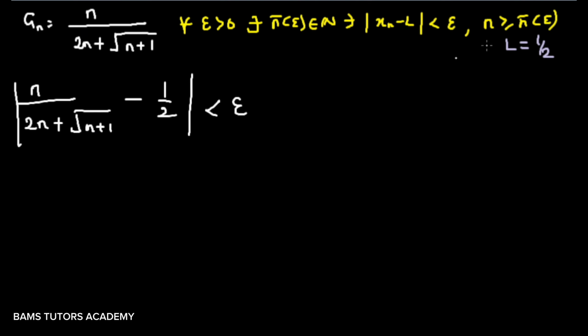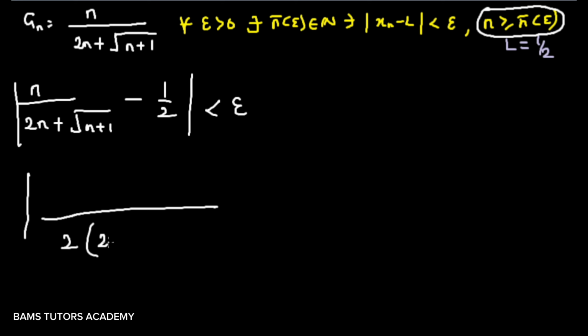What I want to establish is that when n is standing alone, it will be greater than N bar epsilon. So let's find the LCM. The LCM is 2 times (2n plus the root of n plus 1), and this is less than epsilon.